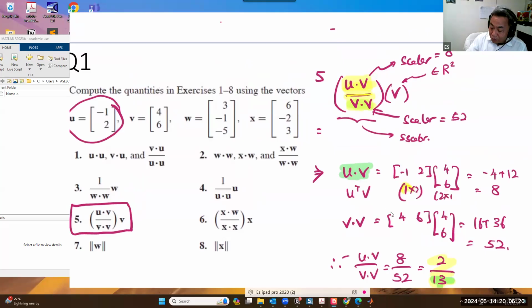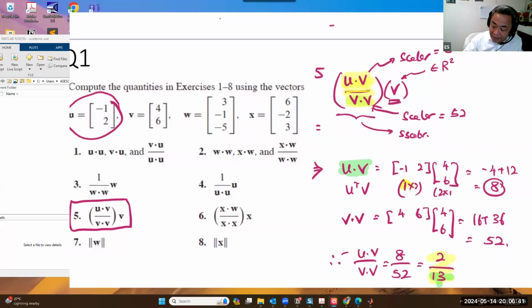So when we do this matrix-vector multiplication, out comes a scalar. So U dot V is always a scalar, because it's a single number. Yes, correct. So now I have to deal with the last part.